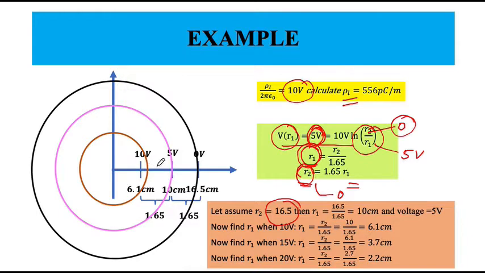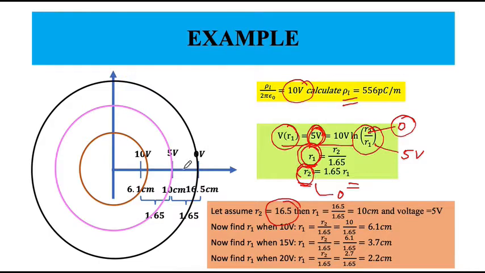So at all the points which are radially at 16.5 centimeter, the potential will be constant, and the constant potential contour will actually be a circle, in this case having a particular value of radius.